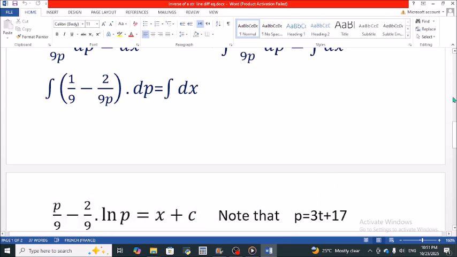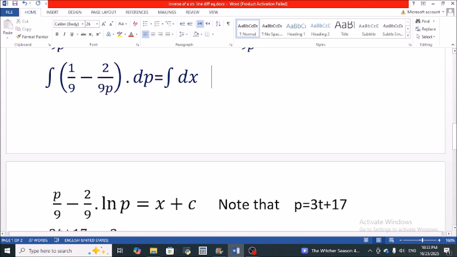Now we go backwise. Integral dx equals x plus c. And now we go backwise because our given wasn't in terms of p, it was in terms of x and y.